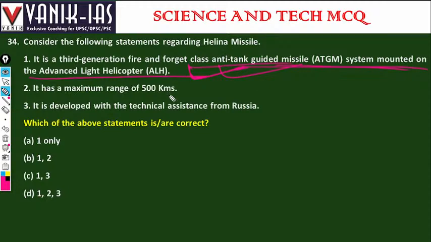Maximum range of 500 km? No, 7 km is the maximum range. Developed with technical assistance from Russia? This is wrong. Helina is developed indigenously. So only option 2 is the right option.